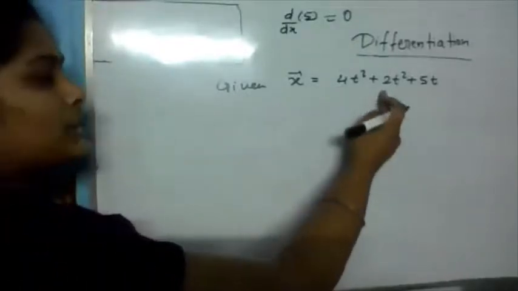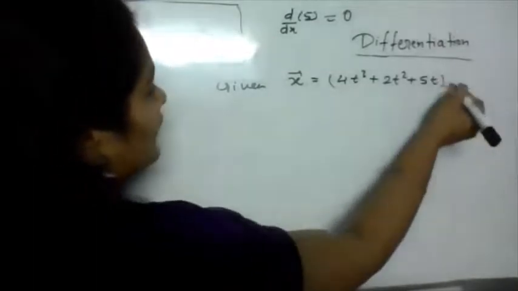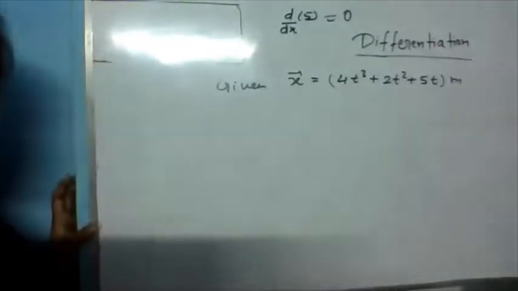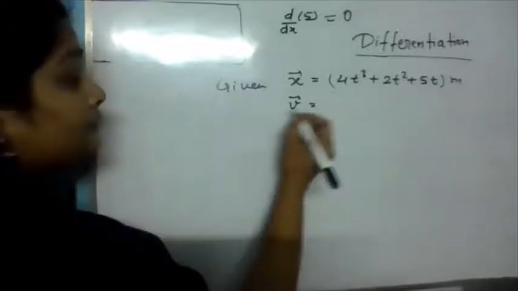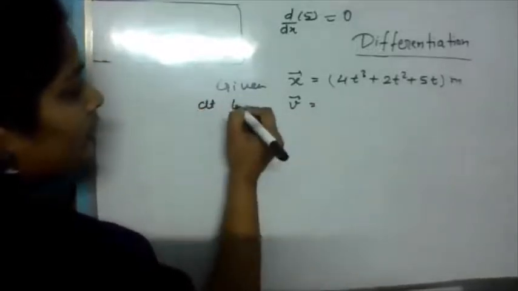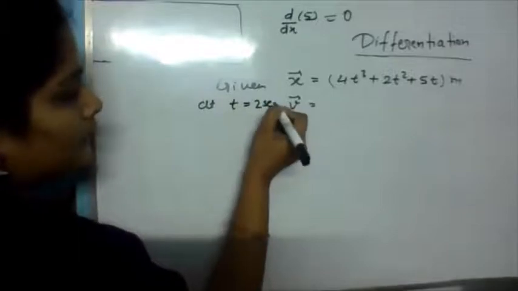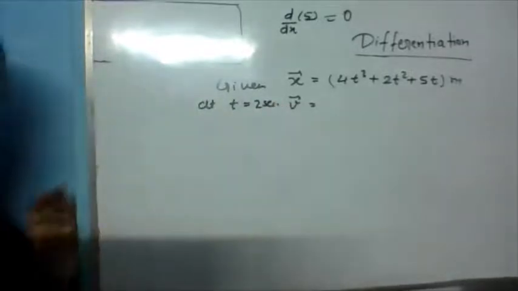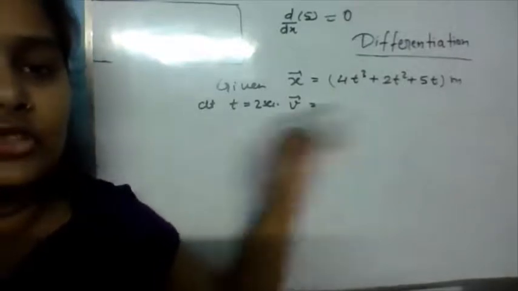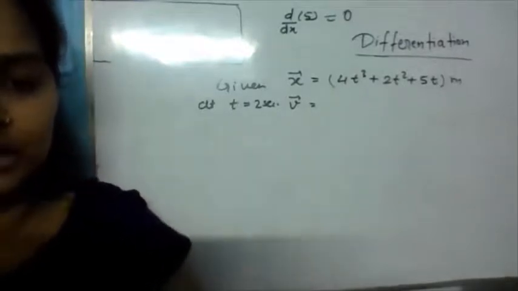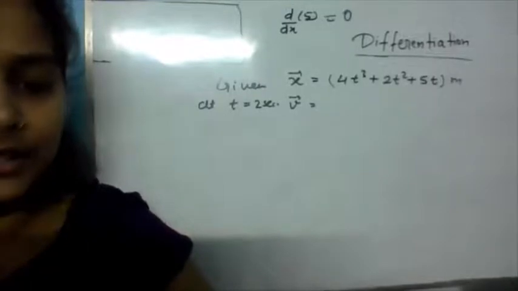Now you have to find out velocity at t equals to 2 seconds. Just try it. Apply the operator.